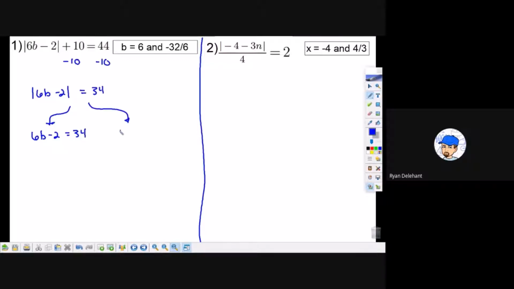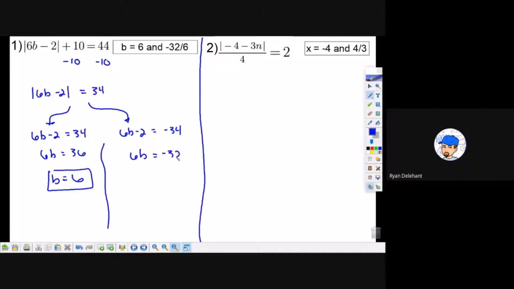Or 6b minus 2 can result in negative 34, and I will get a true statement. And we'll solve both of these. So we're going to go 6b, we're going to add the 2 and get 36. So this is where we get the 6. And we're going to add the 2 to that side. We get negative 32.